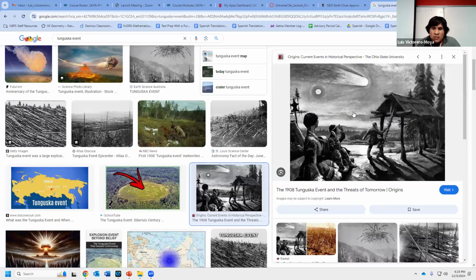It's still not very clear because it was in 1908. So clearly we don't have video or pictures of the event itself. But some people have described it as an object that looked like this. So that's why some astronomers believe that it was probably a very small comet, or at least part of a comet that entered the atmosphere and survived the disintegration, right?